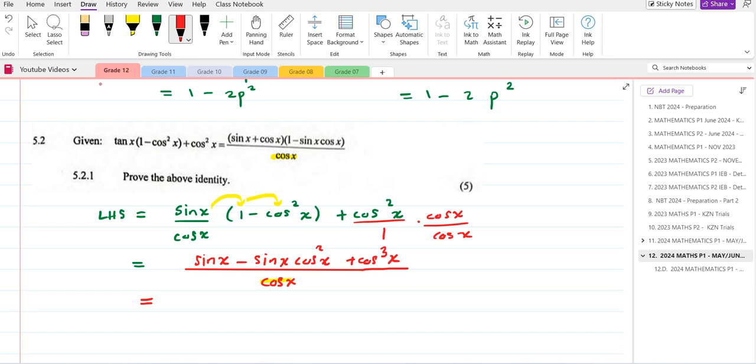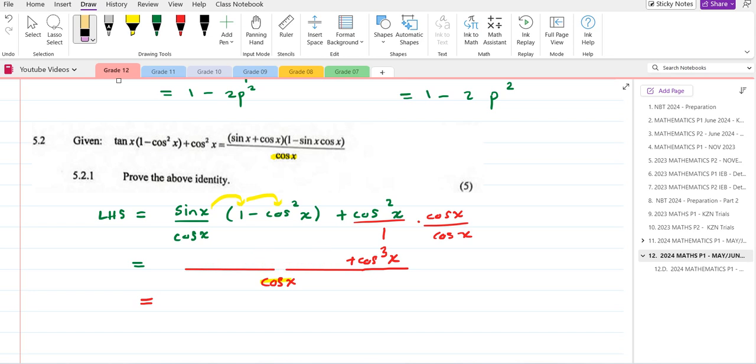But that's not going to be helpful because we got sine x. If I open this up, I'm getting sine x sine squared, unless we change the cos squared x into 1 minus sine squared. Let's see what we can do here. I think we're just going to leave this part.